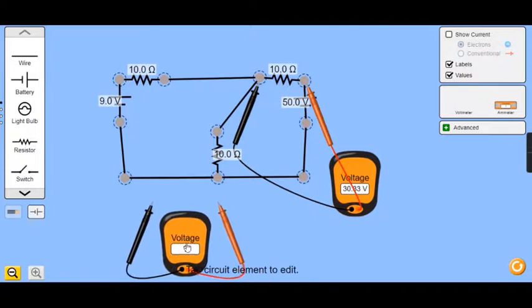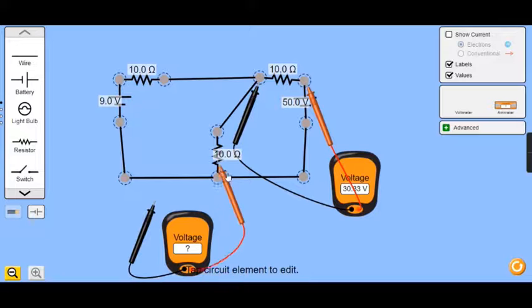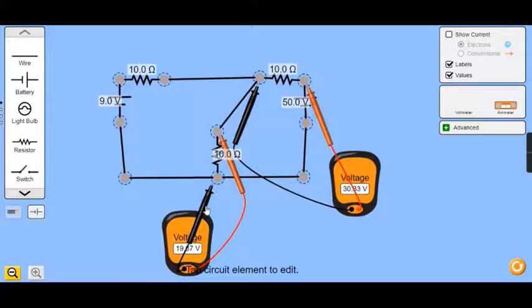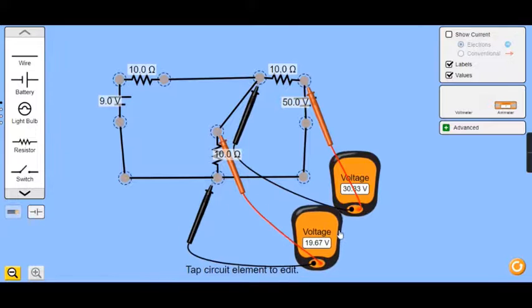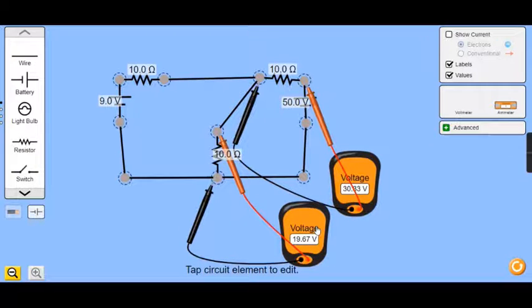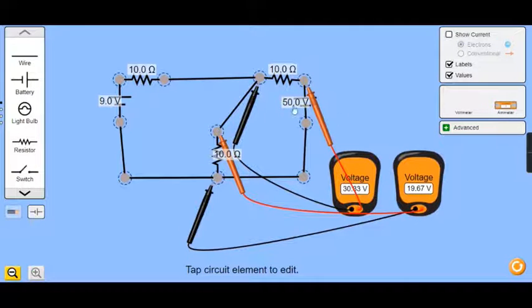We will have a second one, whose positive is connected to this point and negative is connected to this point. So if you see, the input voltage is 50 volts and this is V1, or we will represent these as E1, E2, V1, V2 and V3 that we have seen in the circuit.